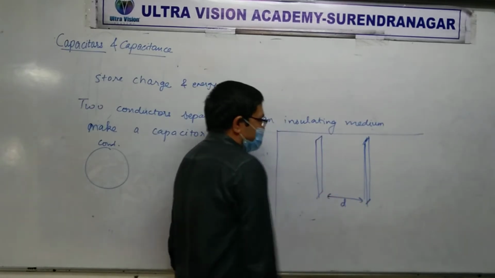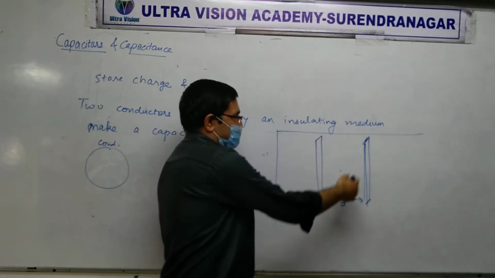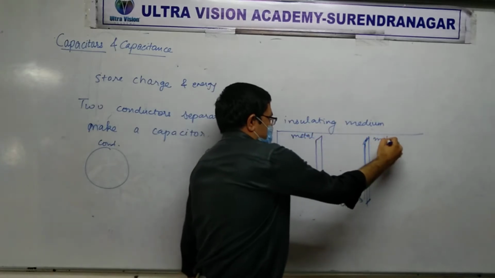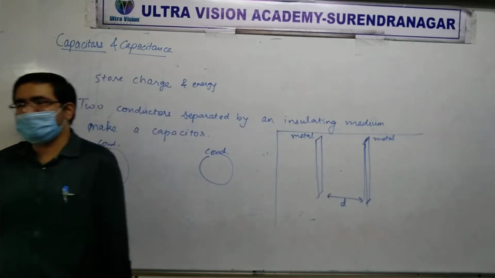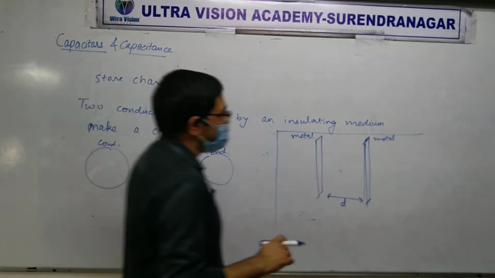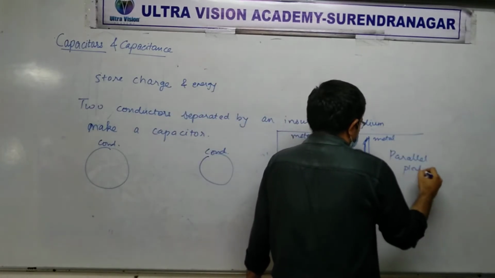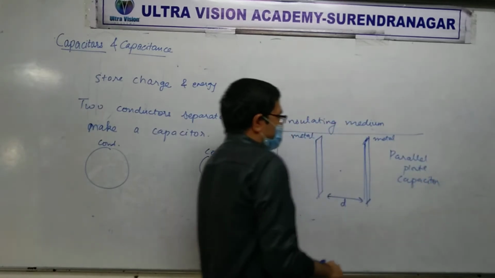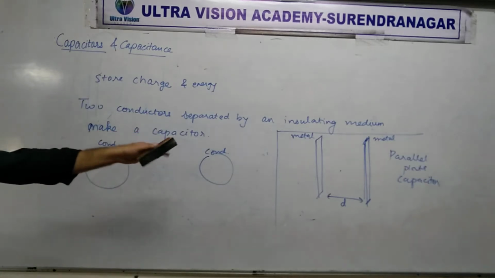If the distance between them is some t, then here there could be air, or any other material. So two metal plates separated by some material here, that will be the parallel plate capacitor. What is this called? Parallel plate capacitor. It's very simple.